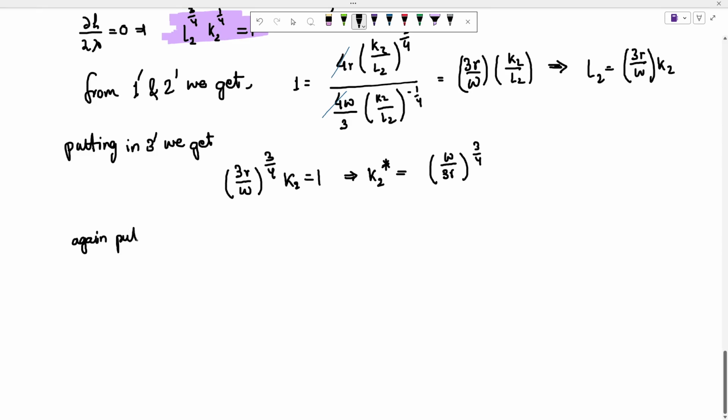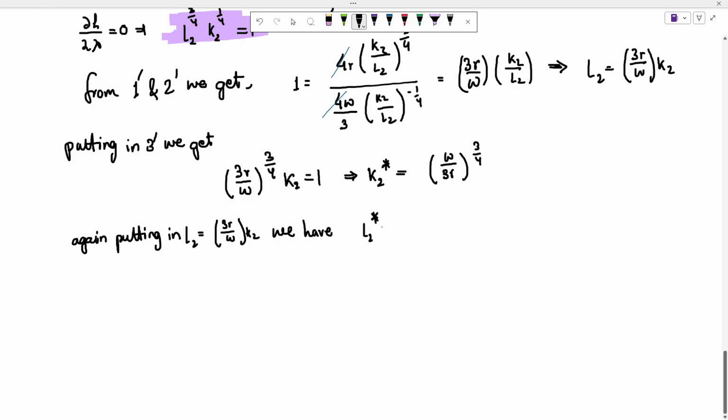And again putting in L2 equals 3R by omega K2, what do we have?